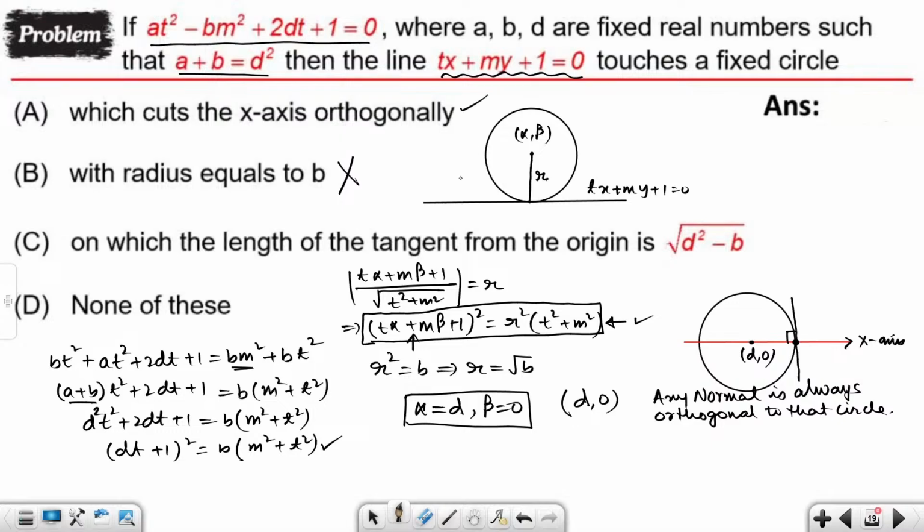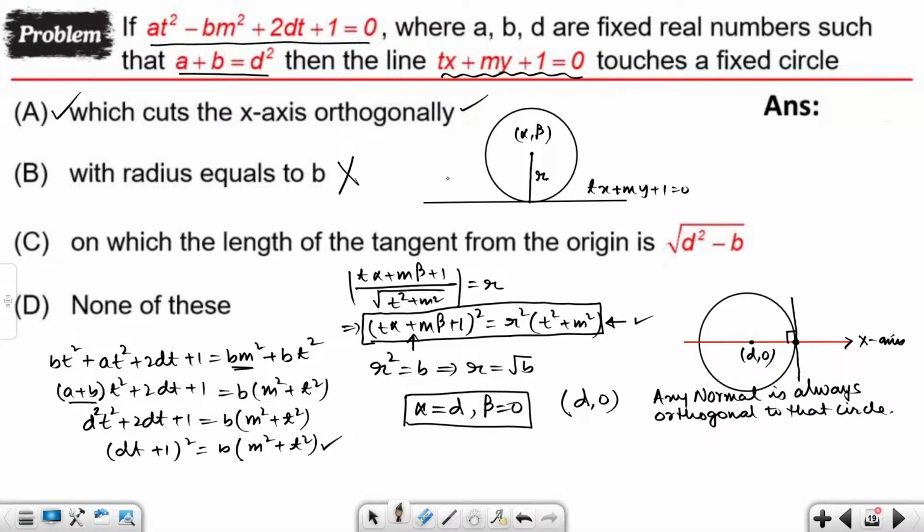Yes, this is true. Why? Because the center is at d comma 0, means it is on the x-axis. That is, your x-axis is passing through its center. That is, your x-axis is orthogonal to this circle. Is it clear? Hence, option A is absolutely correct.